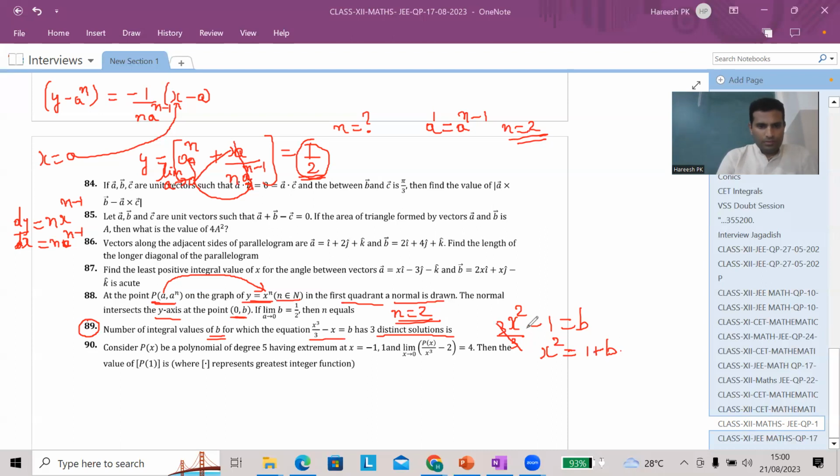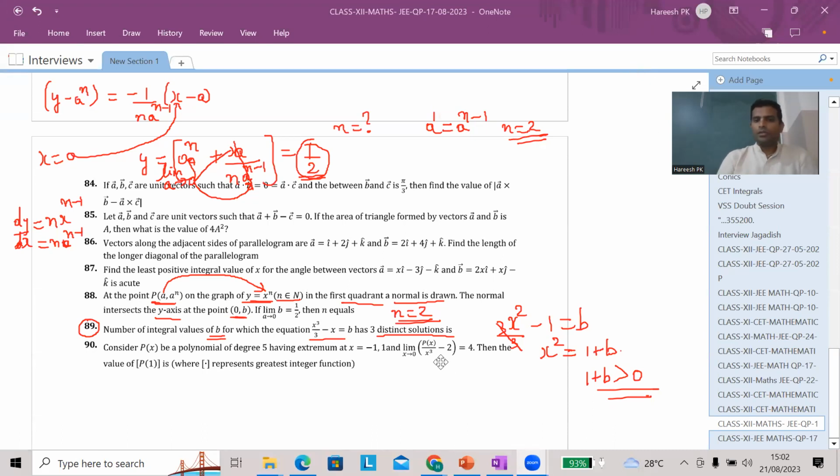Now, if x square has to be equal to 1 plus b, if this must have 2 real solutions, then 1 plus b should be greater than 0, or b should be greater than minus 1. This is the basic condition.